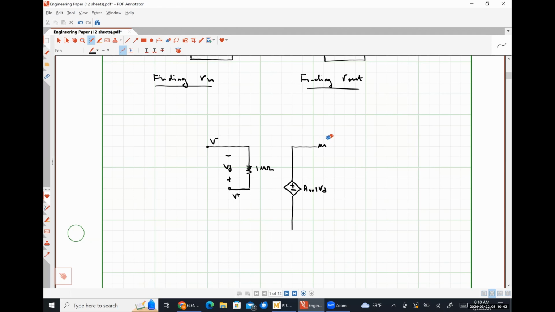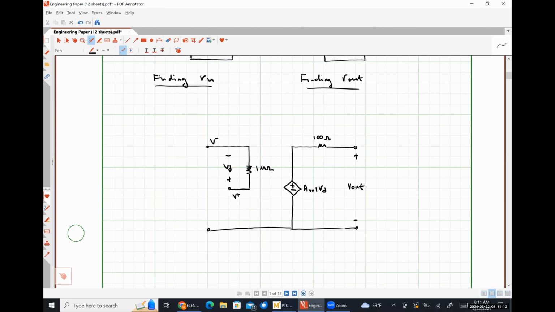Here's my output resistance, which has a value of 100 ohms. Our output voltage is the open circuit output voltage here because we don't have any load resistance to speak of.